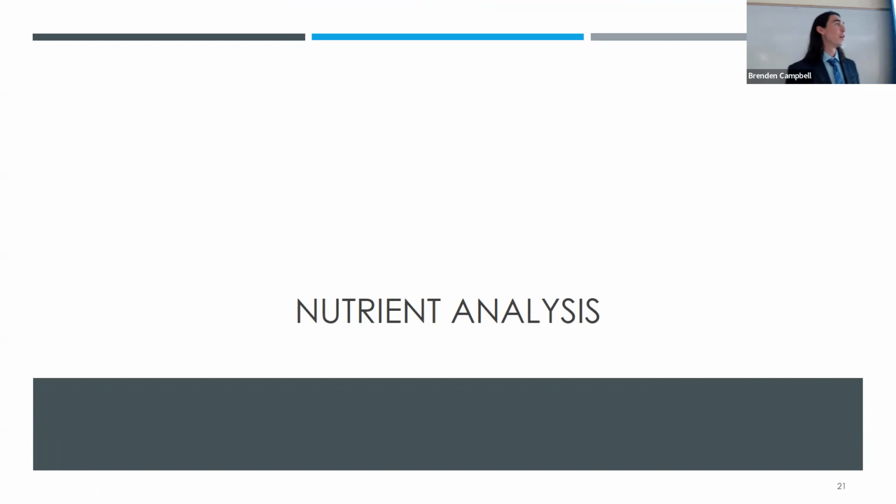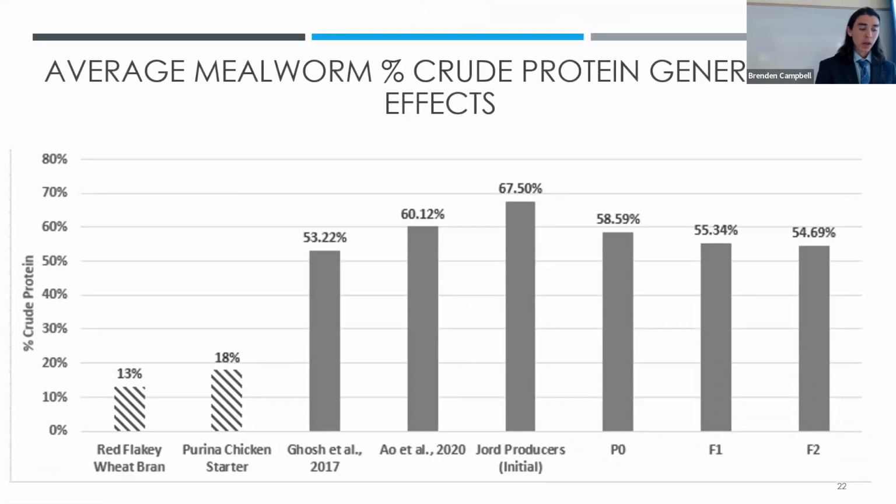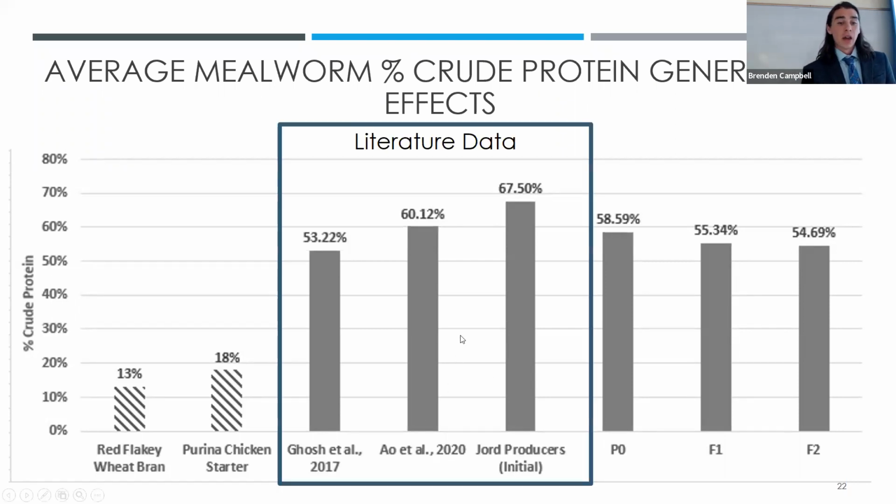To now touch on nutrient analysis. First, analyzing the average mealworm percent crude protein and the effect that generation had on each. I'll try and stick this back up in the corner here. So we first have 2 points of reference in the wheat bran and Purina chicken starter, the amount of percent crude protein available in the feed.